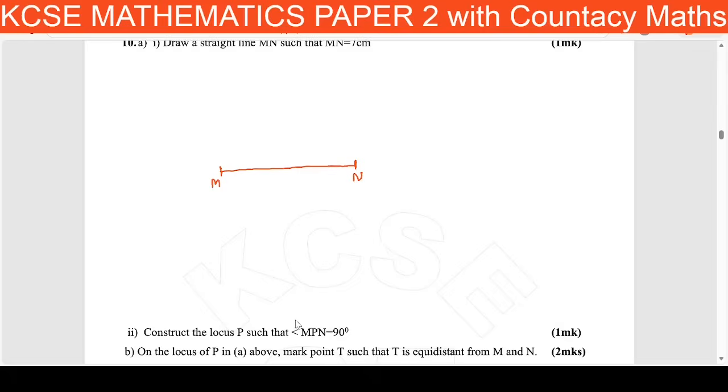How do you construct such a locus? One thing that you're really supposed to know, and this is actually testing on angle properties.